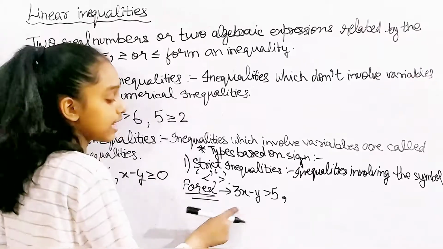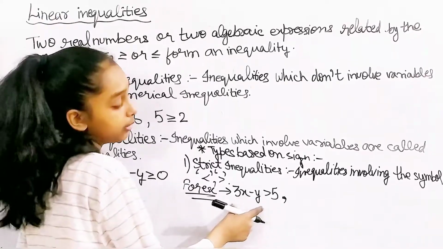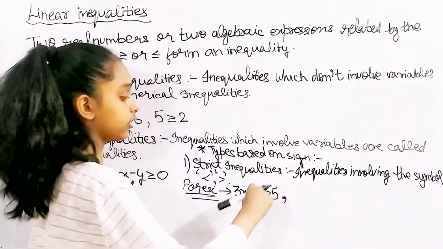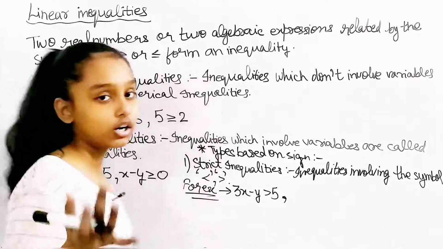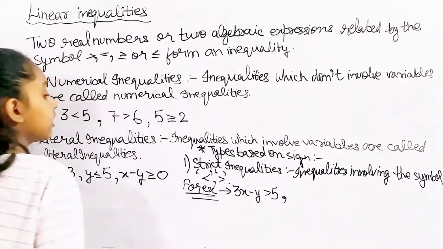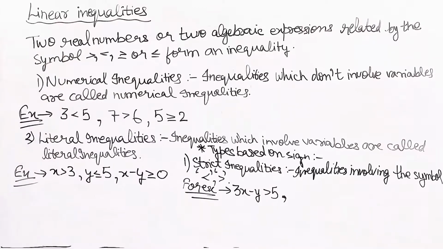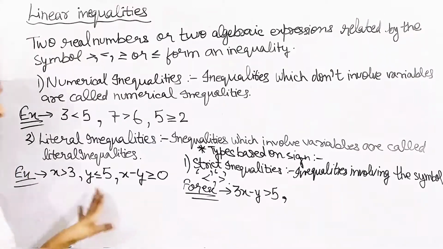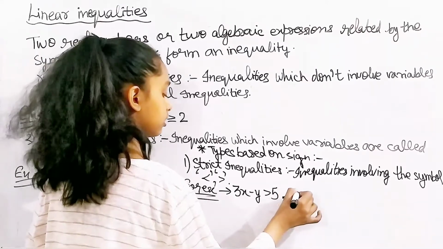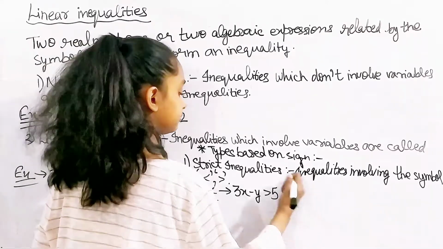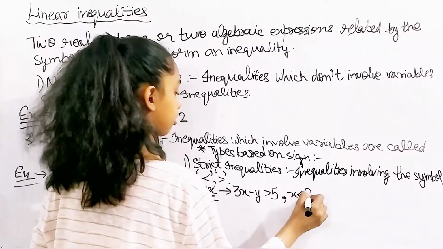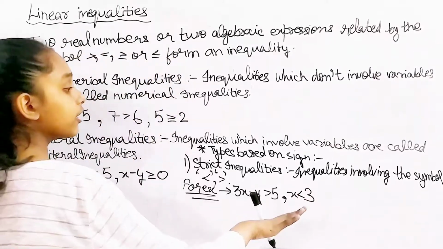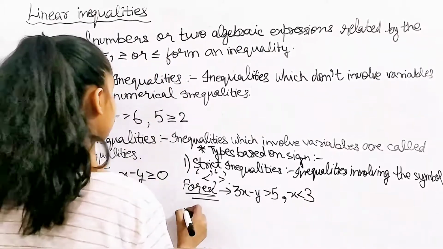Here one is a variable and the second one is a number. Let's take another example. Let's say that x is less than 3. Is it clear? If yes, then let's move on to the second one.